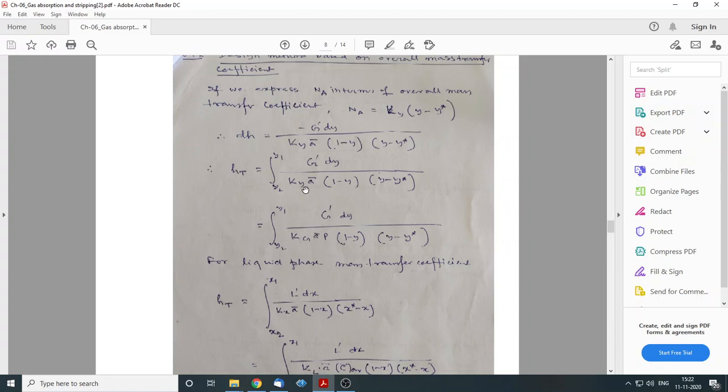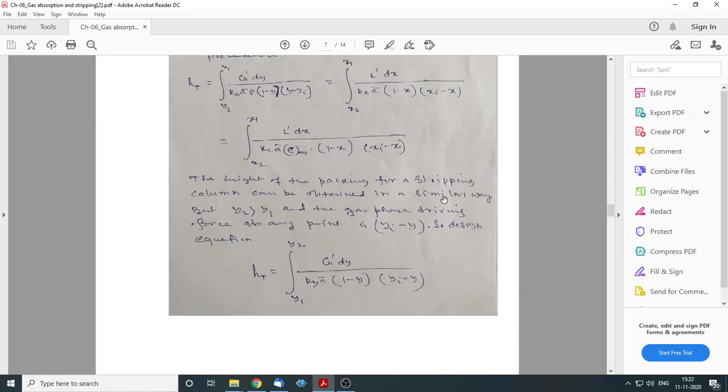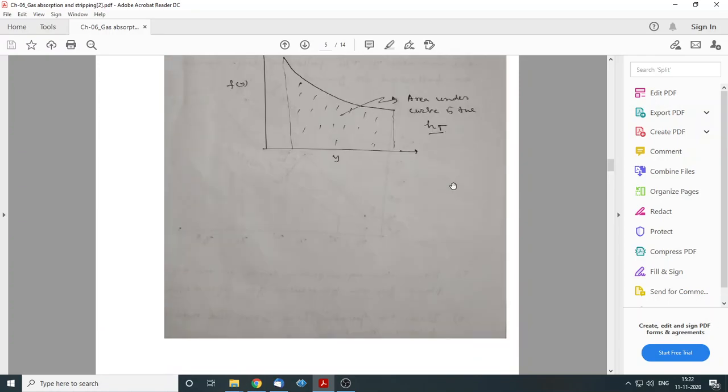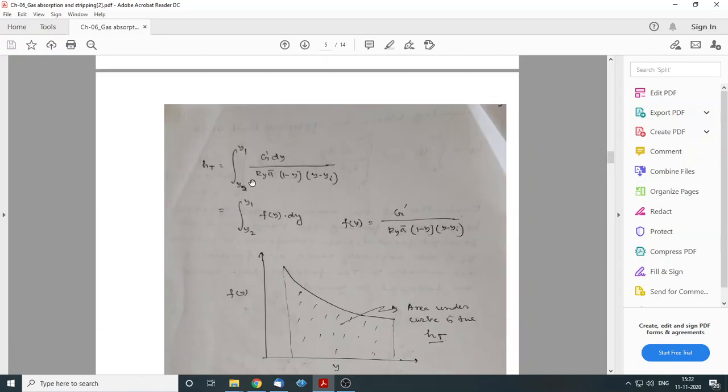Or you can take whatever data is given to me, the corresponding mass transfer coefficient and the corresponding equation, and solve it, and then you have to use a few tricks here. But the basic is this one: G dash dy over small ky a (1 minus y) times (y minus yi).